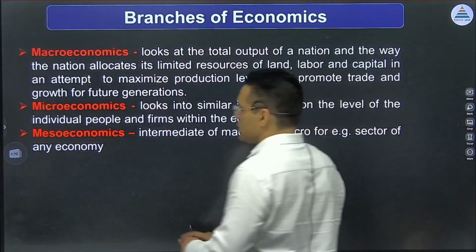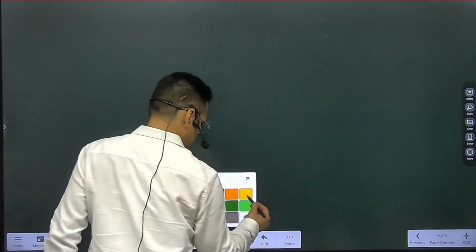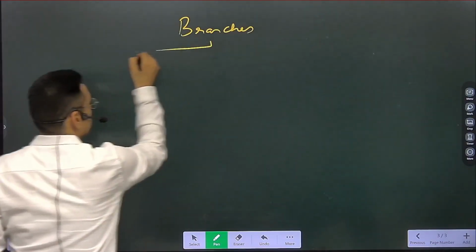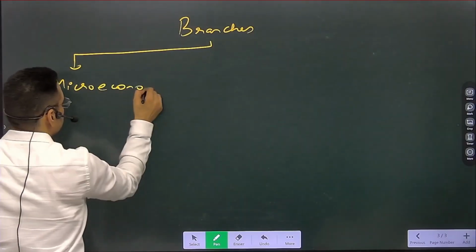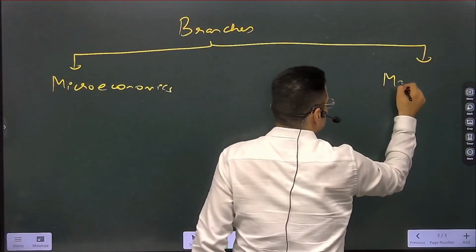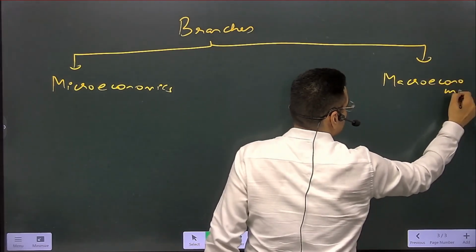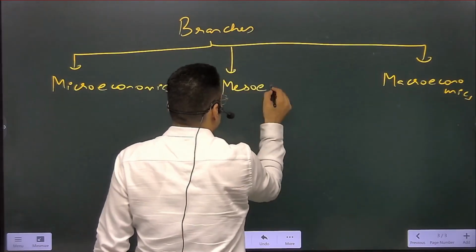Okay, so there are 3 branches of economics. Microeconomics, macroeconomics. Now we'll write one line definition in all of these, and we have mesoeconomics.